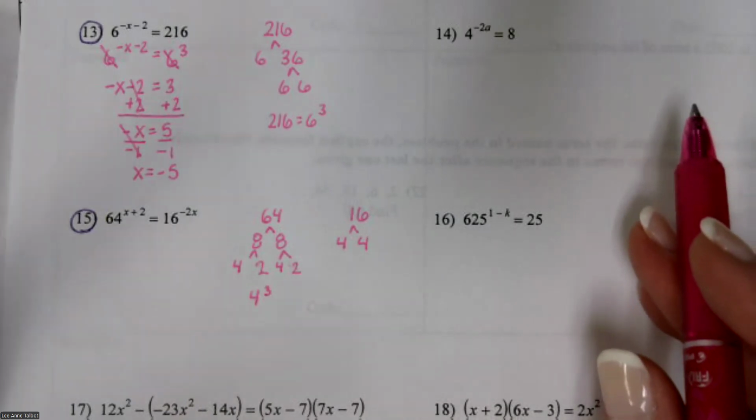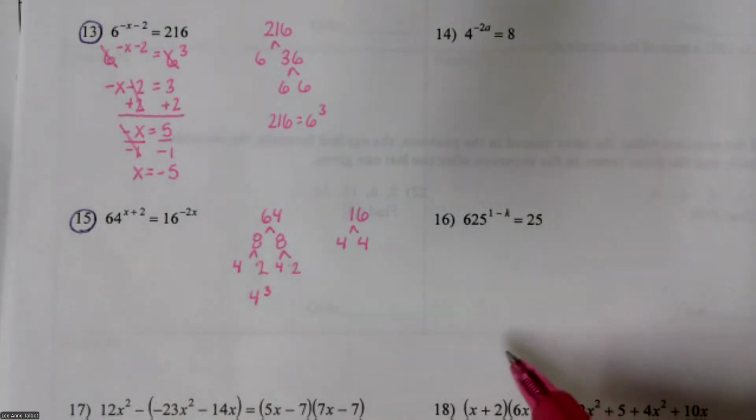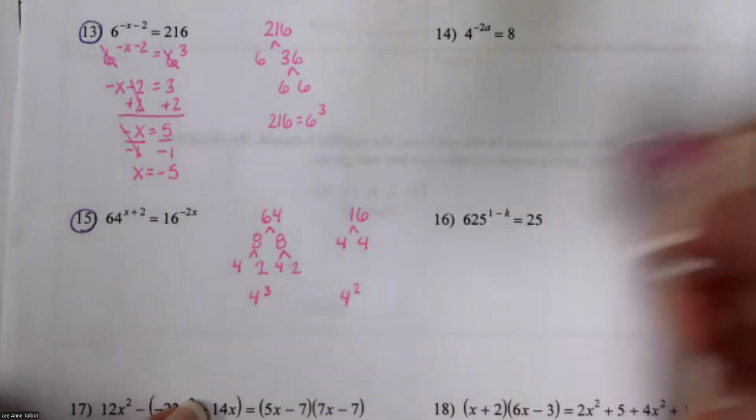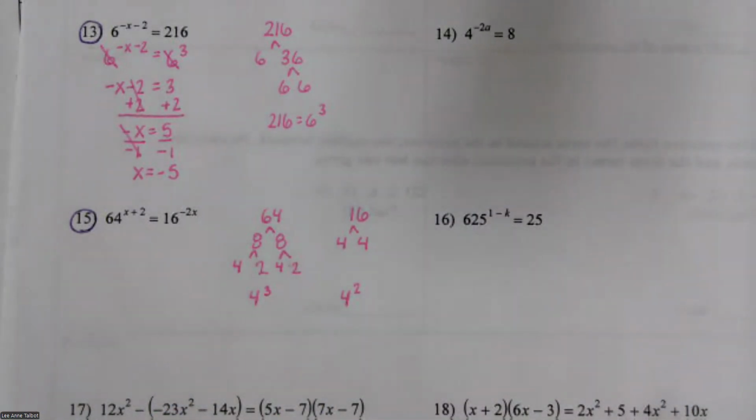Yeah, not 4 4s, 3 4s. Really special. Okay, and 16 is 2 4s. What is 4 to the 4th? I think it's 256.